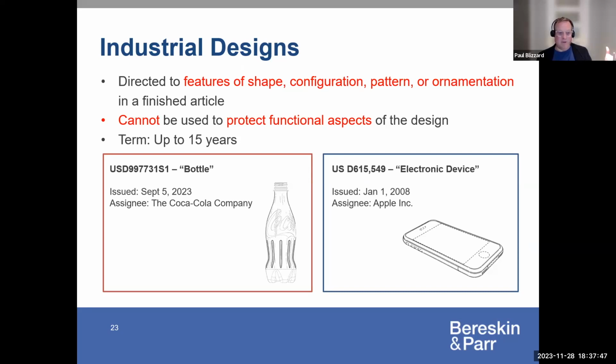For a long time, Coke had a 2-liter pop bottle that was just its own distinct shape from the other 2-liter pop bottles. And that design is protected. That is a protected design, or it was. And in this case, what I have up on the screen is a registration, I think, for another type of pop bottle, but that has the same kind of curved shape applied to it.